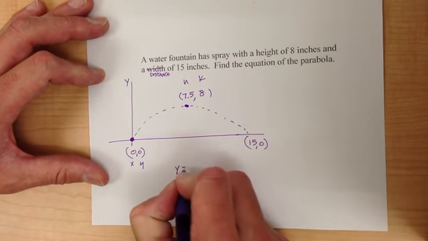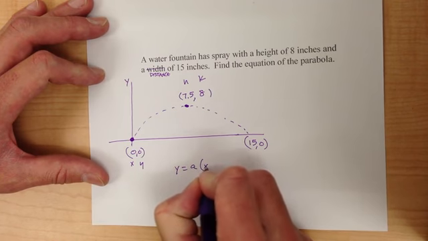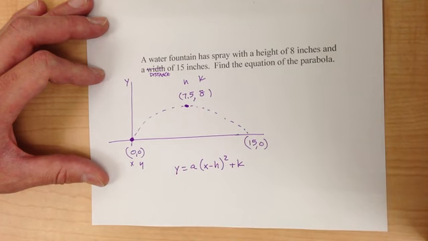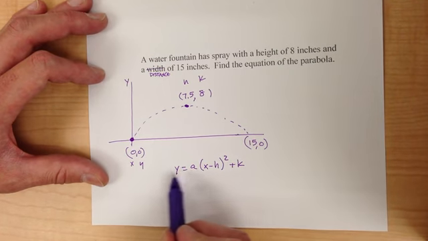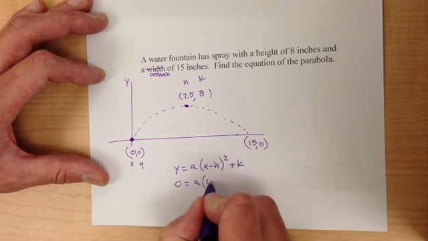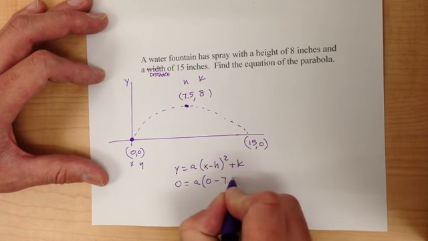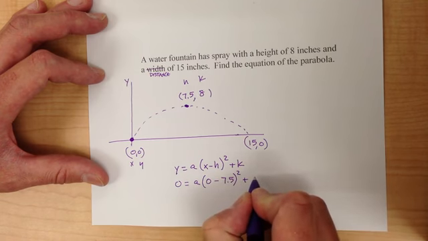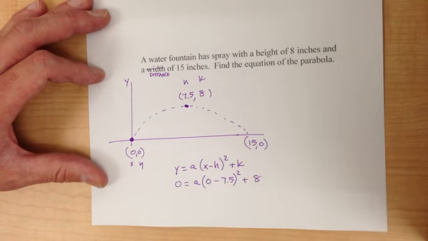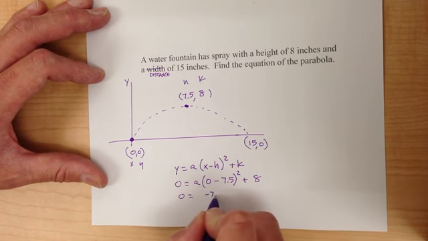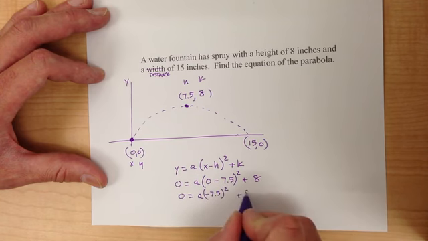y equals a(x minus h) squared plus k. Let's solve for a. So I plug in y equals a(x minus 7.5) squared plus my k value of 8. Okay, 0 equals negative 7.5 squared times a plus 8.